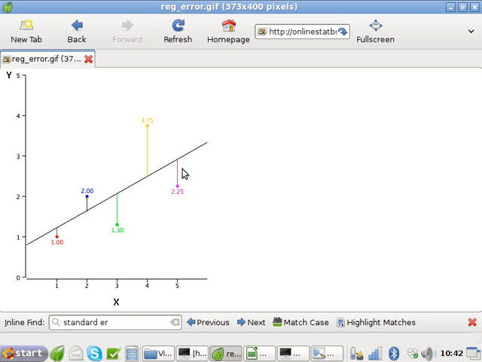You can do the same with the x. So if you look here, if you bring the line to the x, that horizontal distance is like the x error. And here, that one is like the x error. Here, this is like the x error. Here, this is like the x error, and this one will be, again, a huge x error. It'll go all the way out to here, because you need to draw the line up.